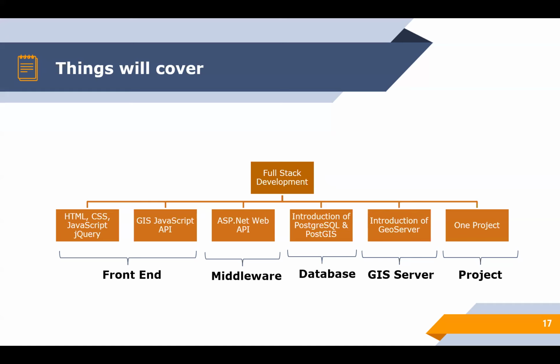Instead of ASP.NET Web API, this is going to change to Node.js. We are not going to use .NET anywhere. We are going to use Node.js development for the middleware. Then for the database, we are going to use an introduction of PostgreSQL and PostGIS.